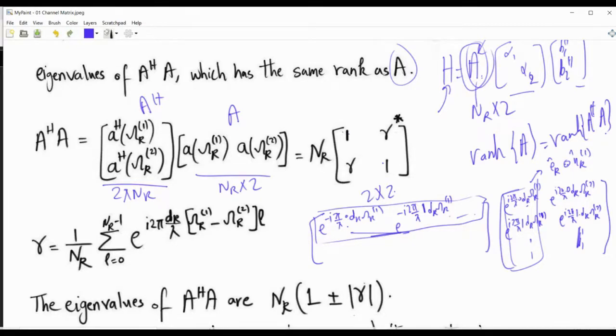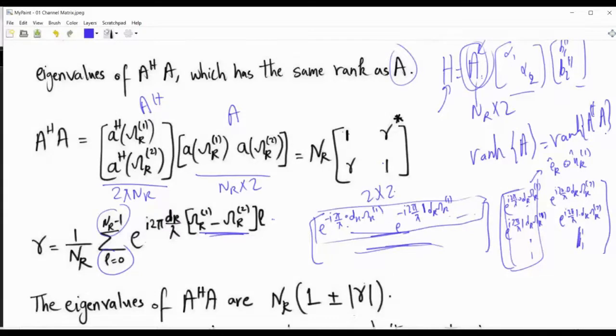If you take the second row with the first column, you get e to the i 2 pi dr over lambda, then L, where L goes from 0 to NR minus 1, and then the difference between omega 1 and omega 2. So this is A Hermitian A.